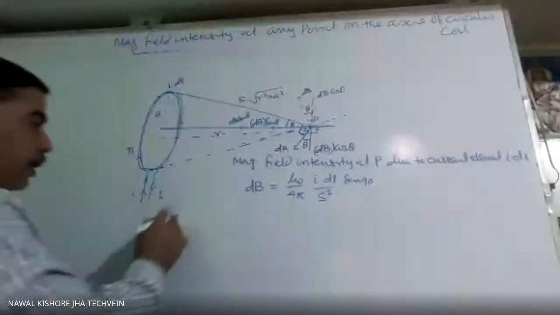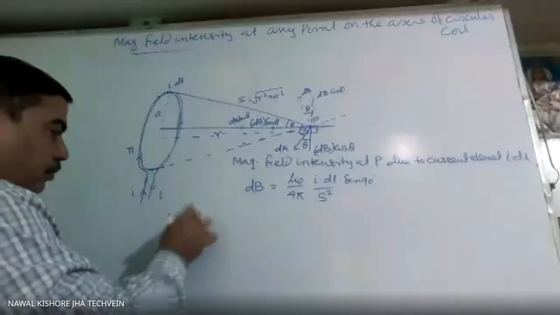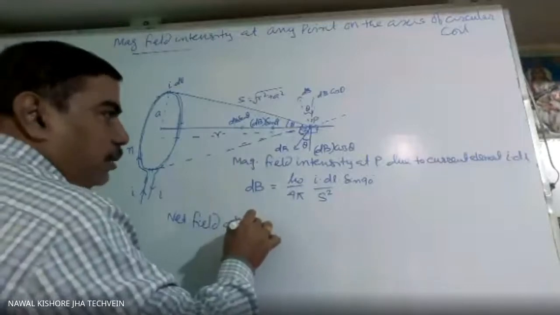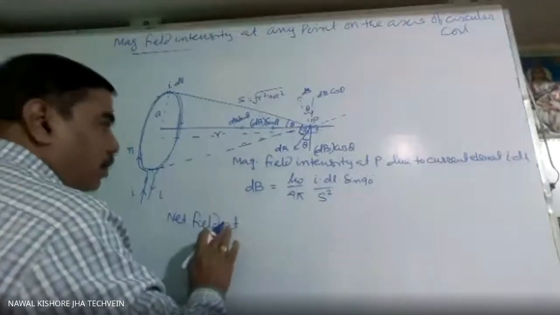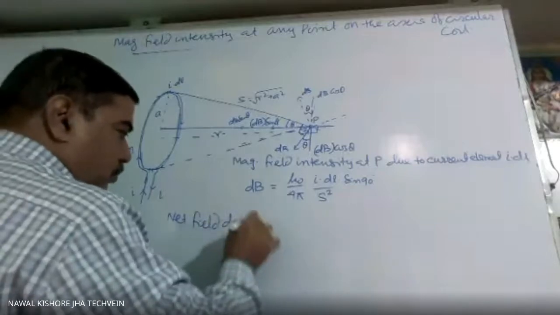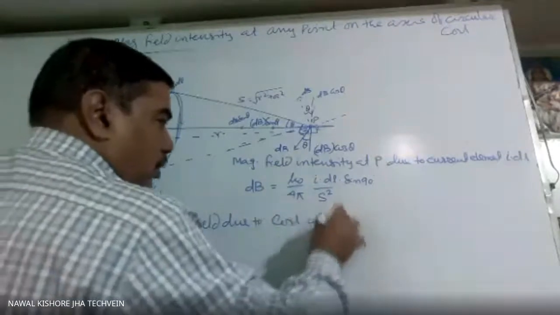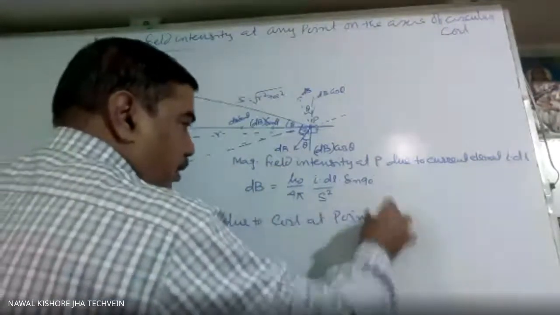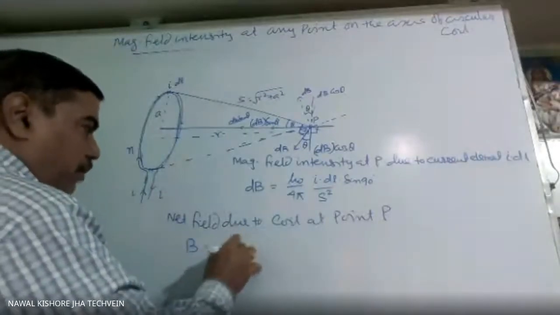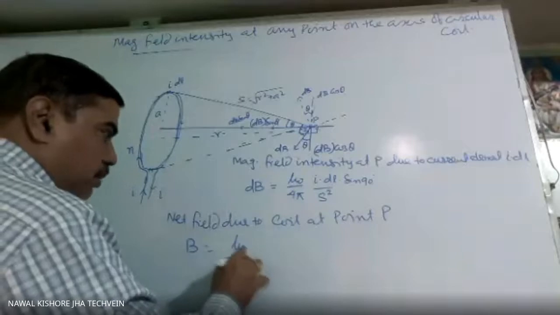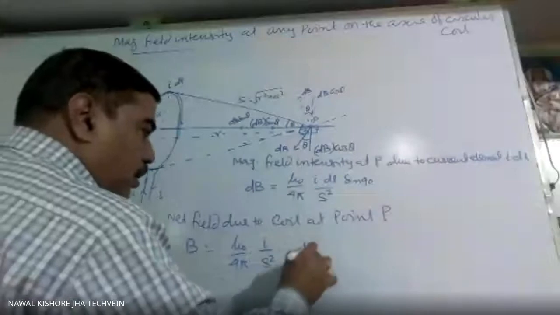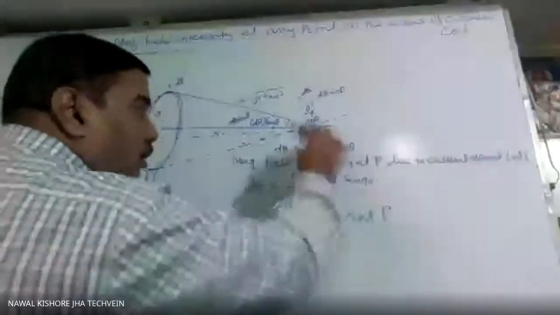So net field at point P, net field due to this coil, at point P, this B will be what? It will be mu naught over 4 pi, this is constant, I over s square constant, integration of dl cos theta.